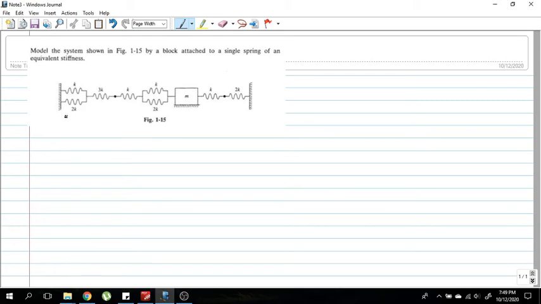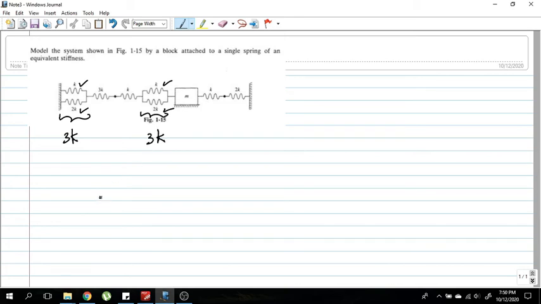As you can see, these two are in parallel configuration, and also these two are parallel. Therefore we can get the equivalent stiffness value of these two by just adding the two stiffness values. So here we get 2k plus k, we get 3k. In this spring configuration also we have a parallel system, and the equivalent stiffness would be 3k.